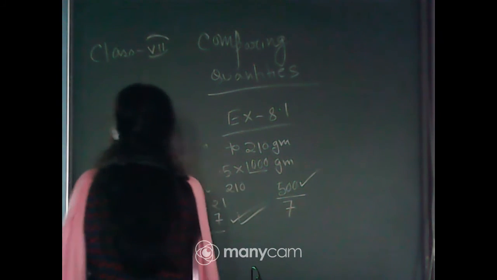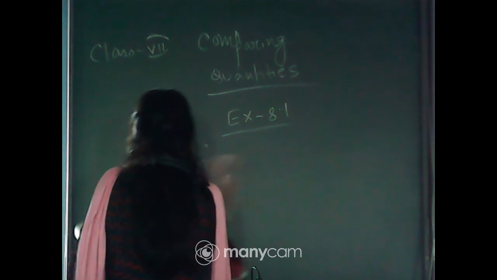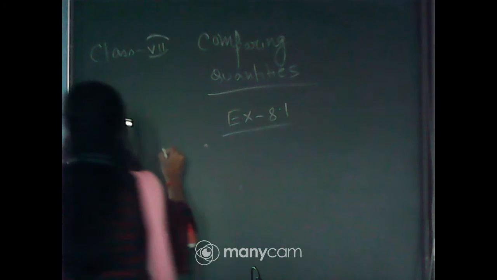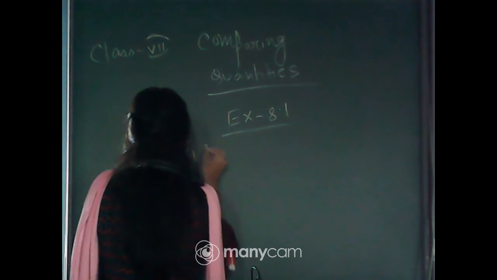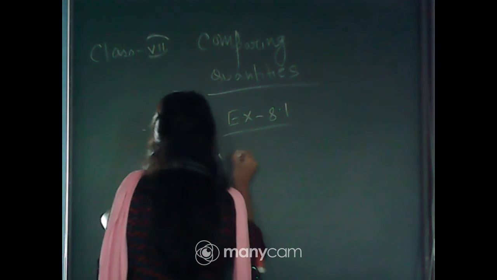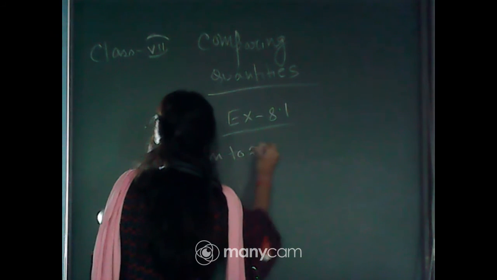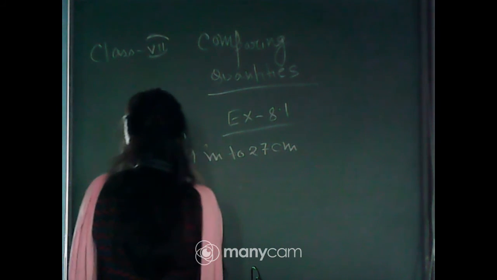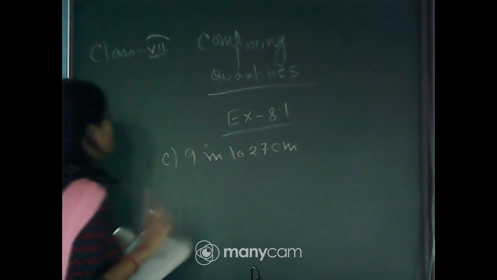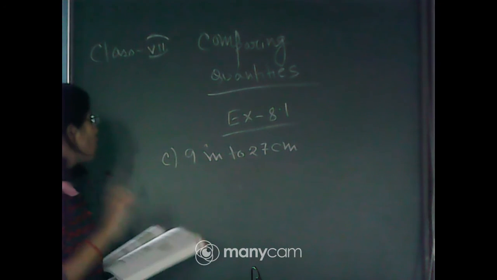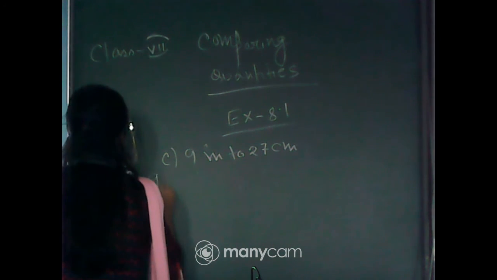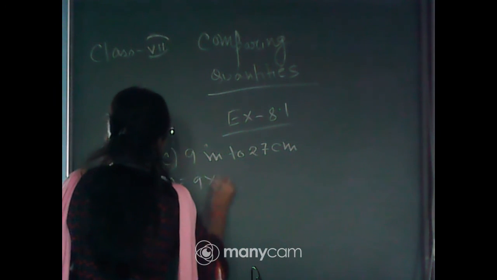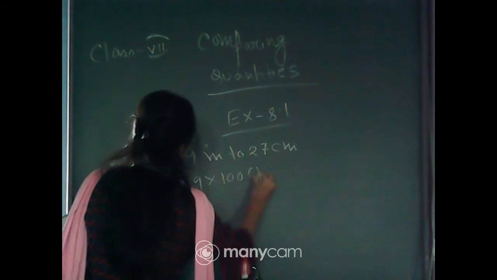Next question is, find the ratio of 9 meter to 27 cm. Okay. First we convert the unit meter into cm. For this we multiply 9 meter is equal to 9 into 100 cm.